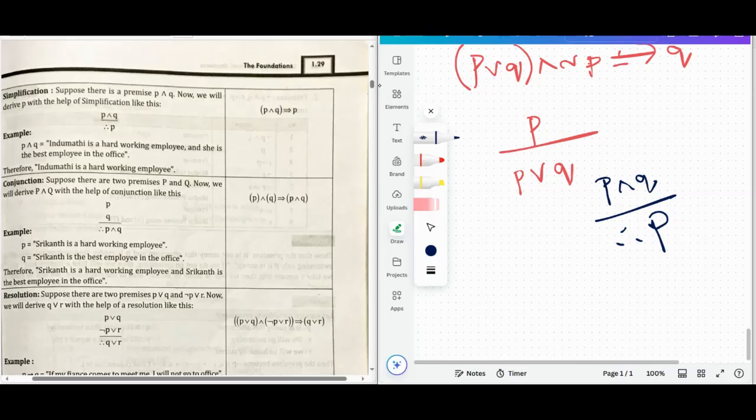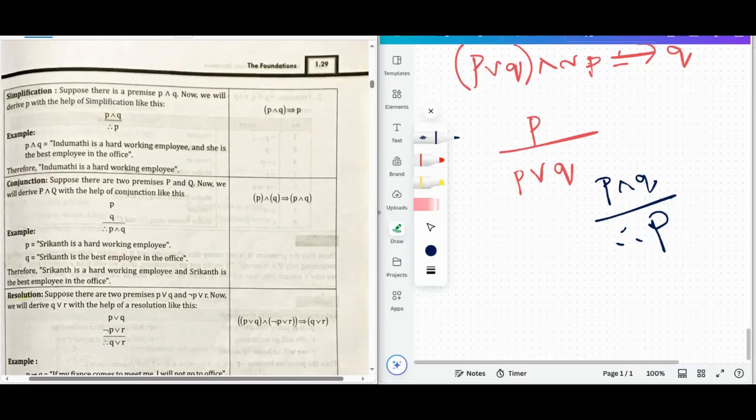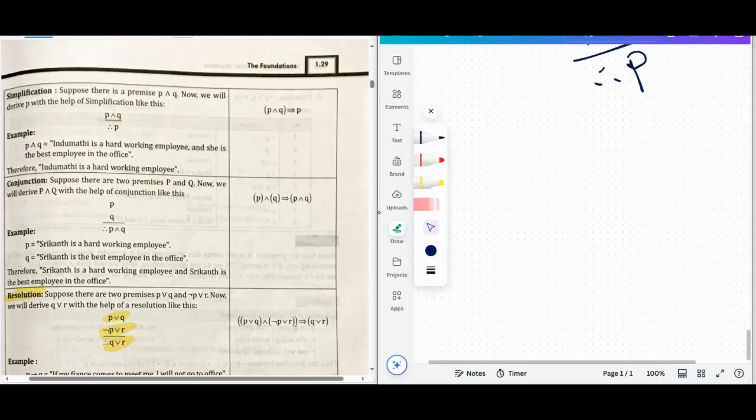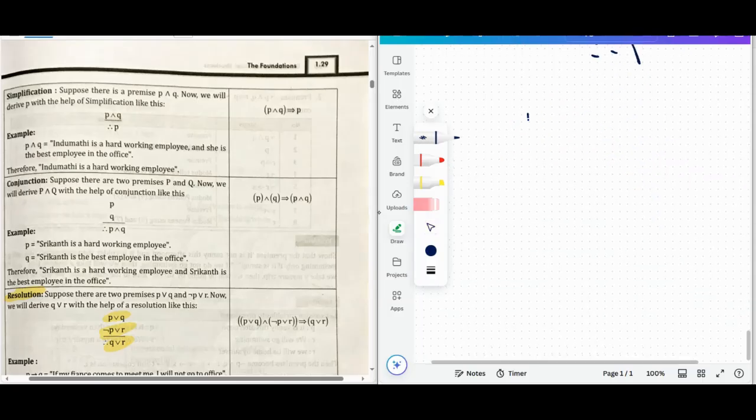Then you have resolution law. Resolution law says P or Q and negation P or R will give you Q or R. So here we have already discussed P or Q, negation P or R. Again, both are opposite of each other.